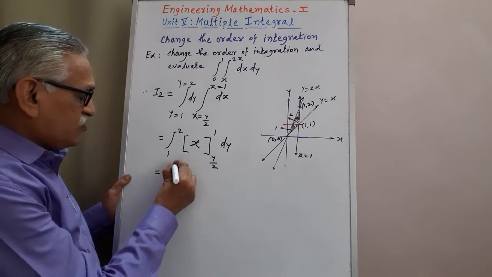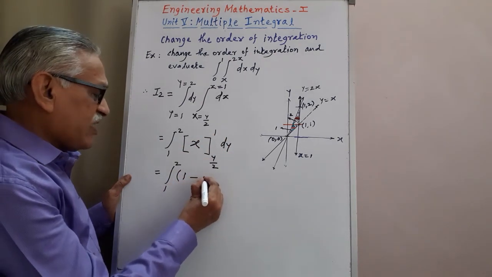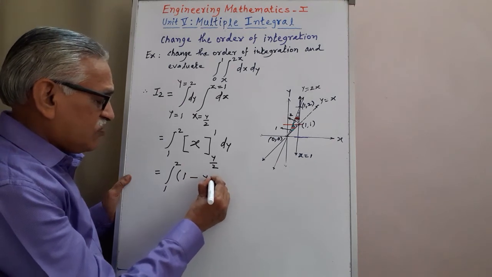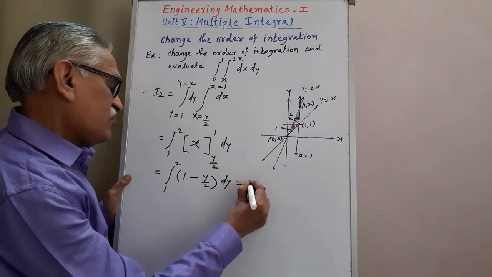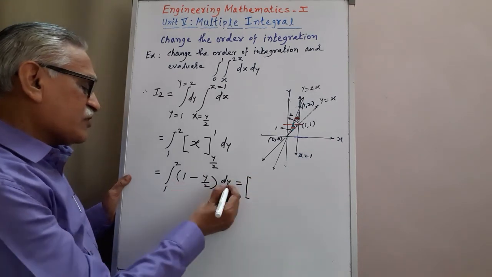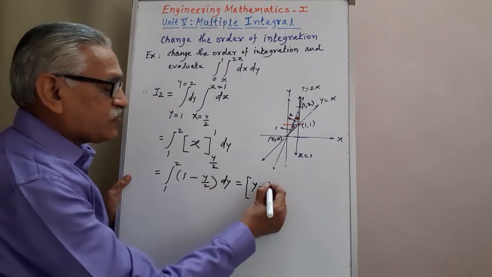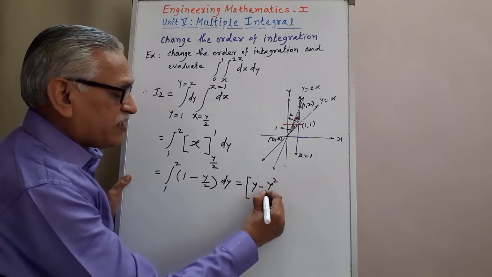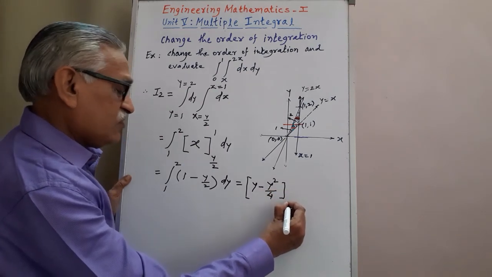Integral from 1 to 2, substitute upper limit, 1 minus y by 2, its integration with respect to y, and therefore integrating each term with respect to y, we get y minus the integration of y by 2, which is y square by 4, limit from 1 to 2.